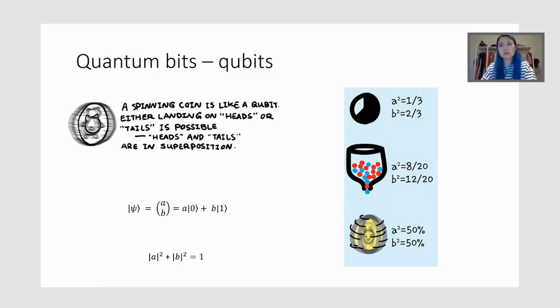Like in our daily life, any probability cannot be larger than 1. So the amplitude squared is the probability, and the sum of them will be 1. In our earlier example, our circle will have an A squared of 1/3 and a B squared of 2/3. Similarly with the beads, you can get the probabilities of these two possible outcomes.